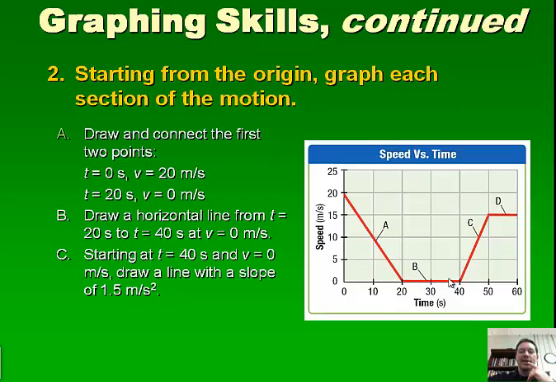And then at 40 seconds and speed 0, at the bottom point here, we're going to draw a line with a slope of 1.5 meters per second squared. So that indicates our acceleration, this 1.5 meters per second squared acceleration.